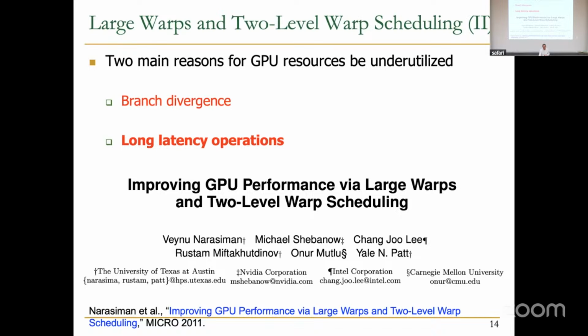I'm going to give you very quickly a couple of other ideas that actually made their way into modern GPUs. There are a lot of interesting ideas that are actually in GPUs, but let me give you a couple of other things. Essentially, GPUs are underutilized because of branch divergence, as we discussed, right? But also long latency operations, and this is also going to be important for memory again, right?